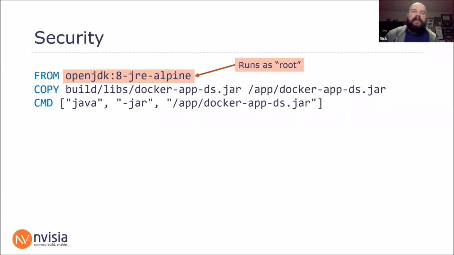So when we look at security, the big thing to start with is that this is running as root. The problem with running as root is if someone were to find an exploit, which they found in, I think, 2018 in Docker, where they were able to escape the container and get to the host system and they're running as root, they're going to be able to wreak all kinds of havoc.